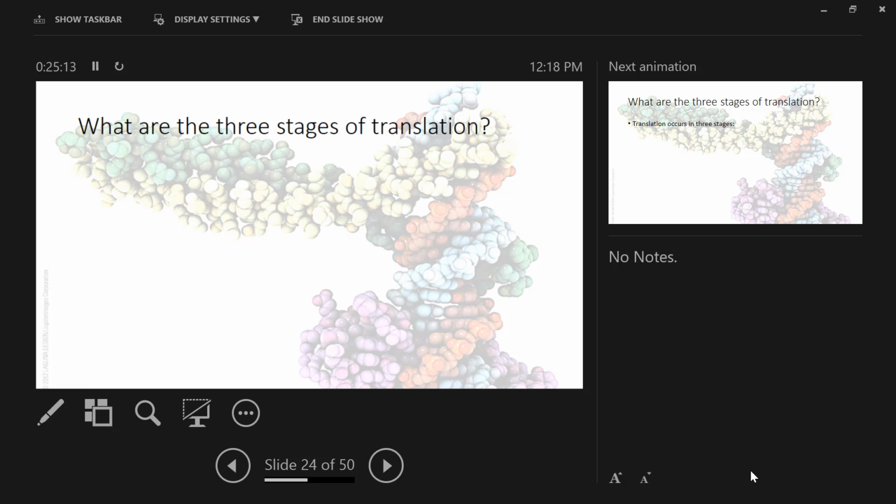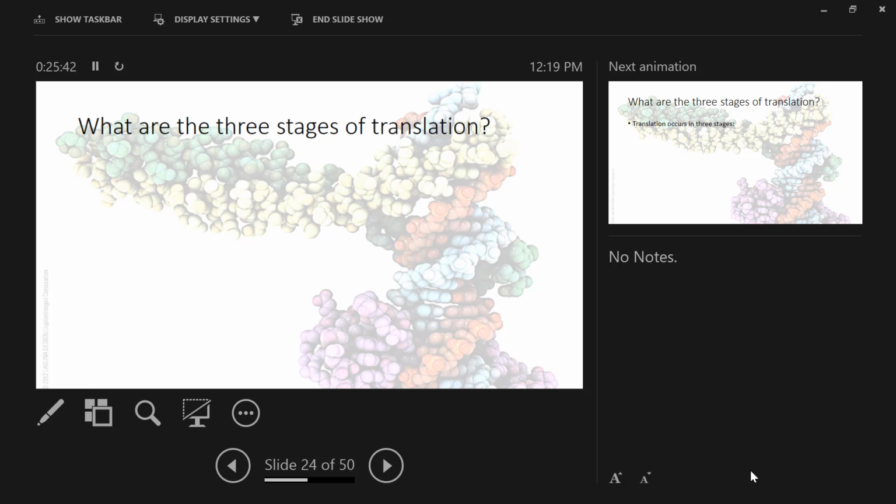For initiation, small and large subunits. We're talking about translation, right? Yes, translation. Small and large subunits of the ribosome. Oh yeah, like stop codon for termination.